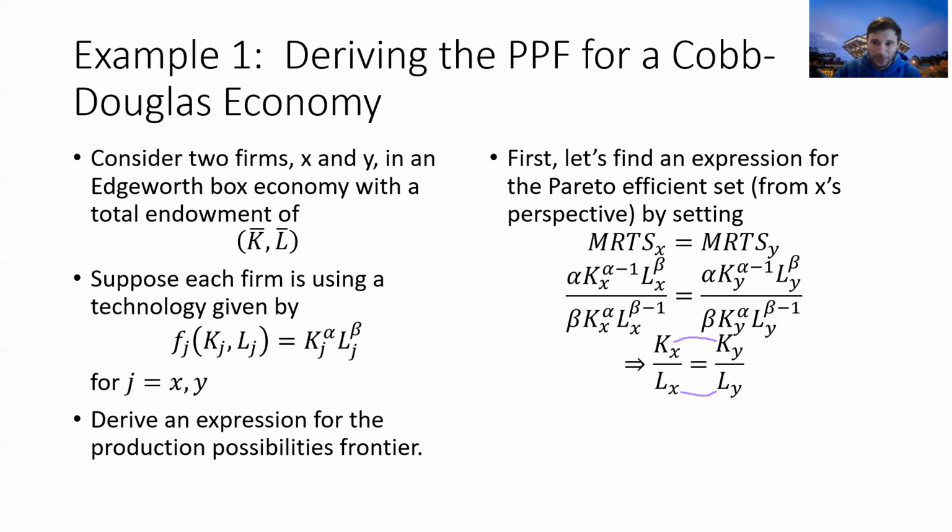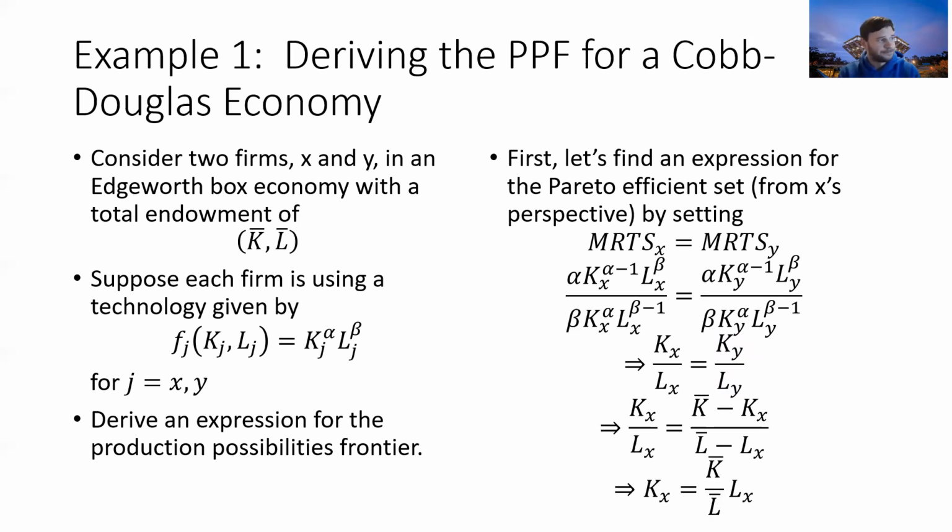K bar is the total amount of capital. So another way we could write KY, that's just K bar minus KX, just like LY can be written as L bar minus LX. And then we can cross multiply, simplify, and we should wind up with the following. Okay, this is the expression for the Pareto efficient set of allocations. That's what we're looking at right here.